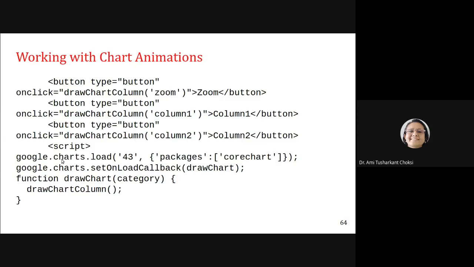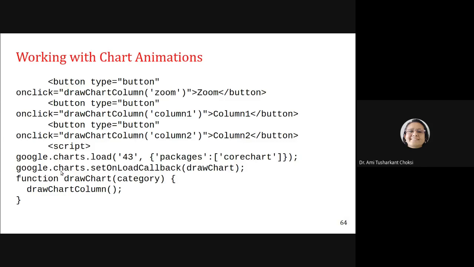Now, next what we want to do is google.charts.load. We are specifying what? That is whatever chart packages we want to load. So for that we can say packages corechart. Fine.